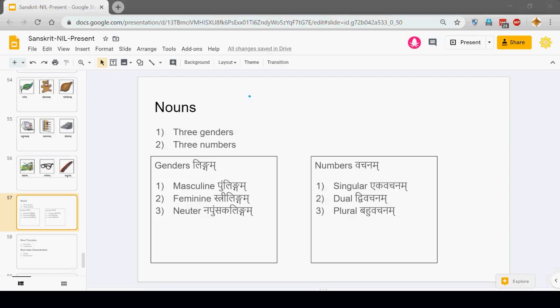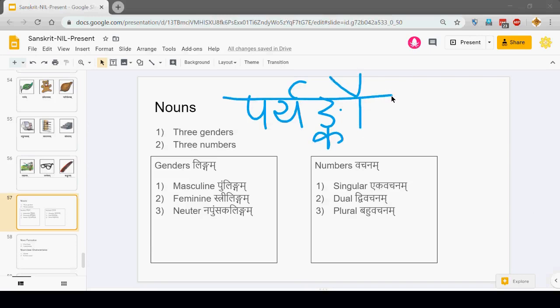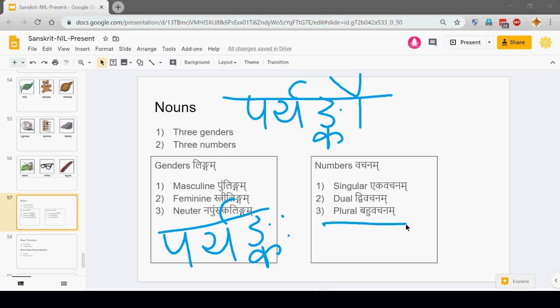If I write it, first you write Paryanka and au, Paryankau. One bed is Paryankaha, two beds Paryankau, and if there are more than two, three or more, then we use Bahuvachana or plural form.